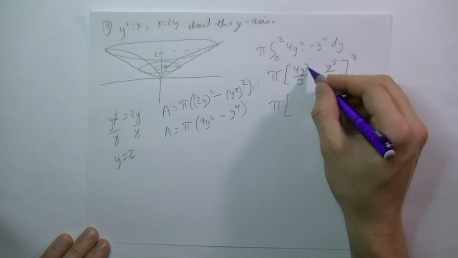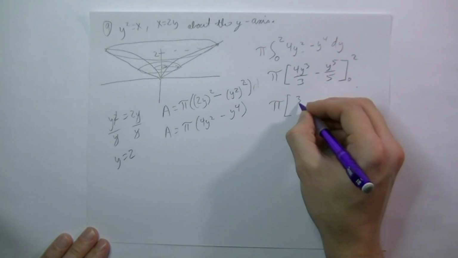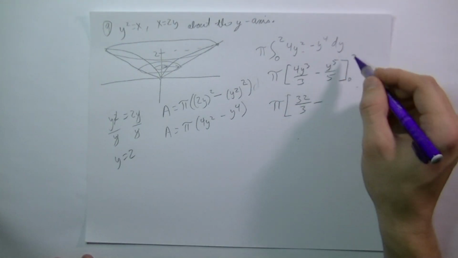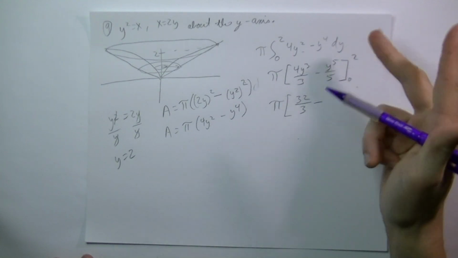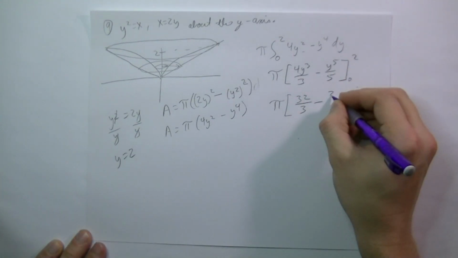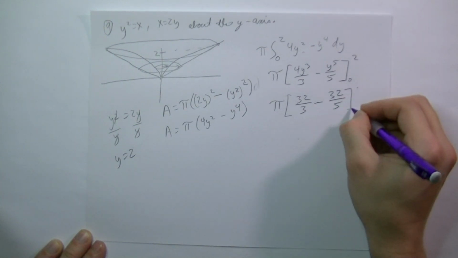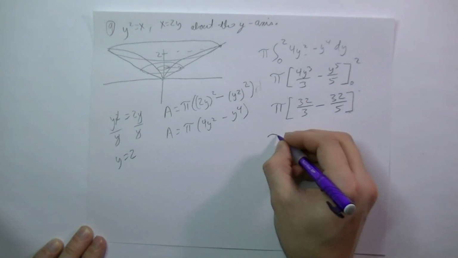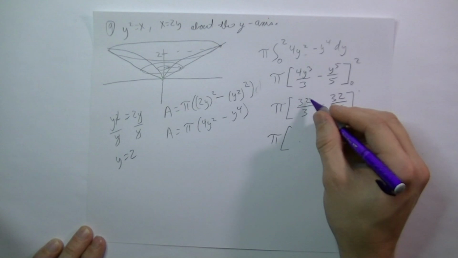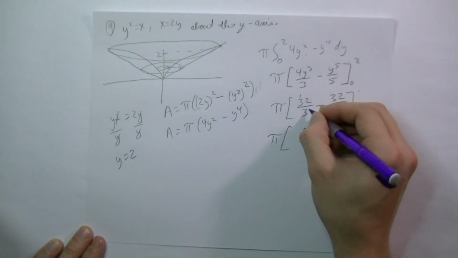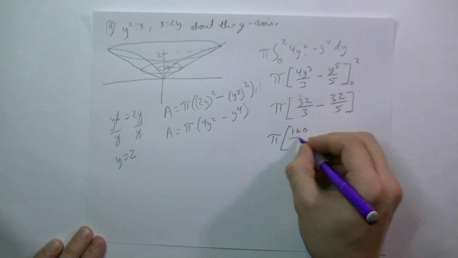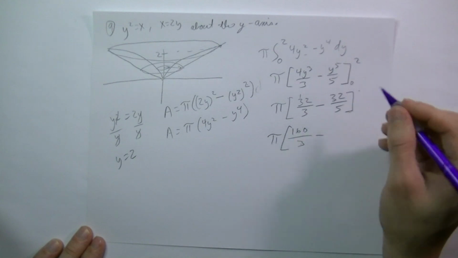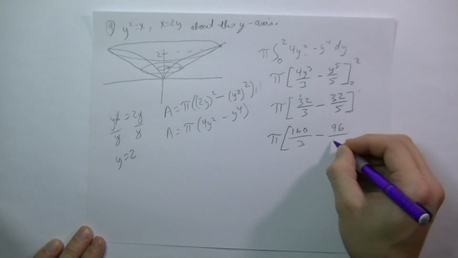2 cubed is 8, and 4 times 8 is 32, so 32 over 3 minus, and 2 to the 5th power, well, it would be 2, 4, 8, 16, 32. So 32 over 5. And my common denominator here is going to have to be 15. So I'll get pi, and I'll have to multiply by 5 here, so 5 times 32 is 160 over 15, and I'll have to multiply by 3 here, so 3 times 32 is 96 over 15.